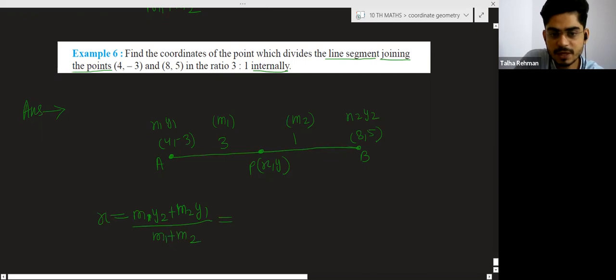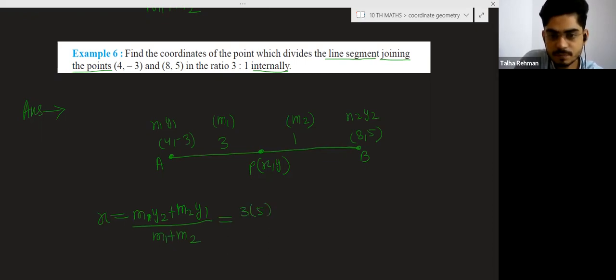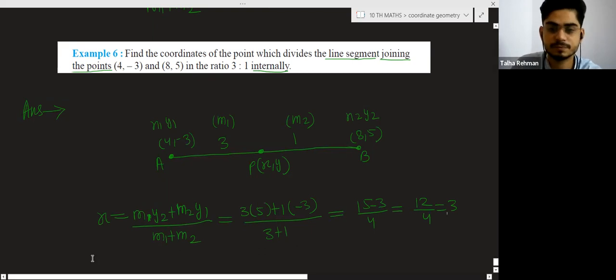So m1 is 3, y2 is 5, m2 is 1, y1 is minus 3. You can write m1 plus m2. So you will get 15 minus 3 divided by 4, 12 divided by 4, which is 3.